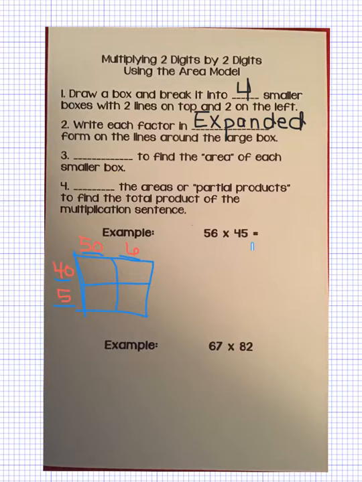Step 3 says multiply to find the area of each smaller box. Well, when I find area, I'm multiplying length times width. So if I want to find the area of this small box, I'm going to multiply 50 times 40. So on this line, we're going to write multiply.